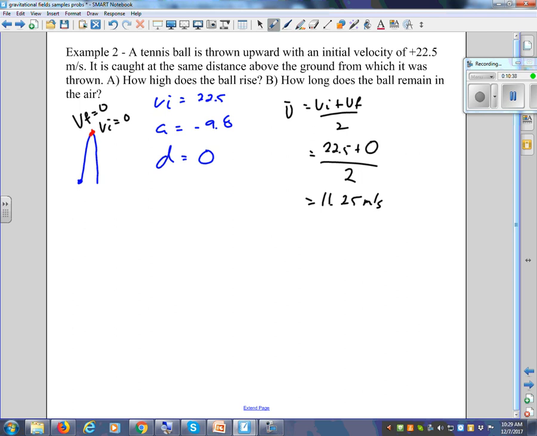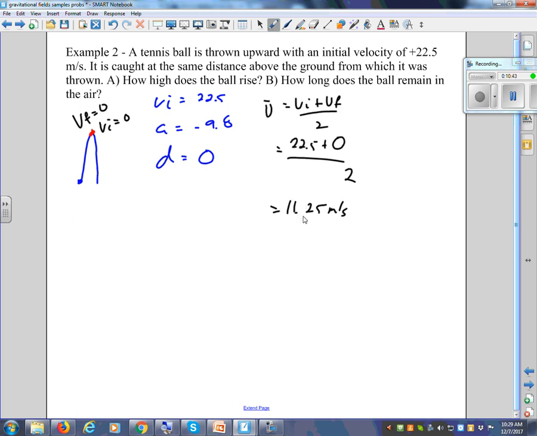And now, given that, V bar is equal to D over T, 11.25 D. Oh! We don't have the time, do we? No. How am I going to find the time? What other formula has time in it? Yep, the A equals delta V over delta T, right?